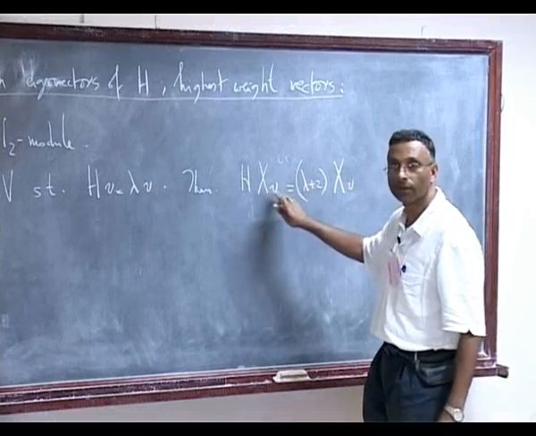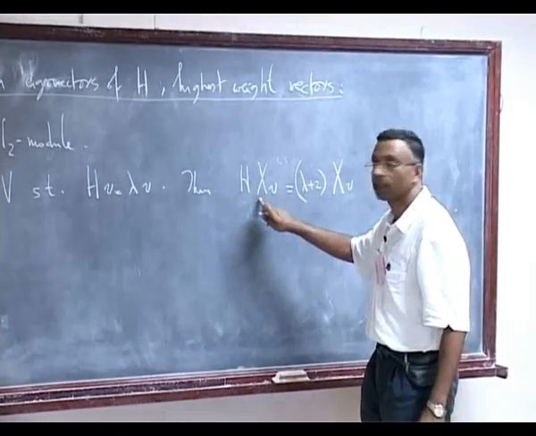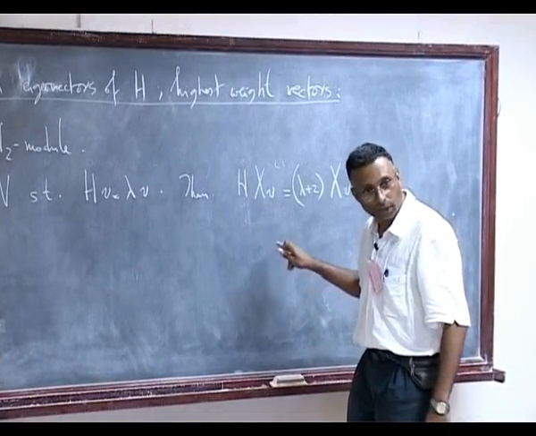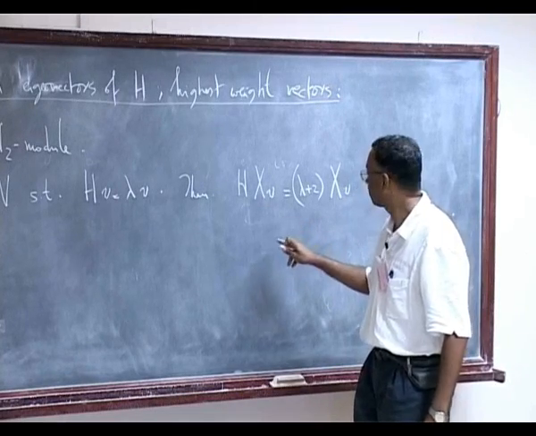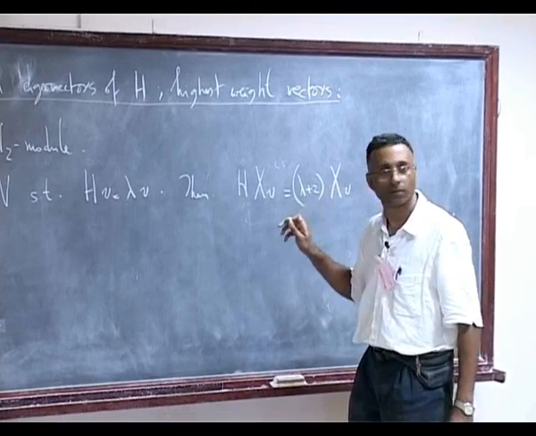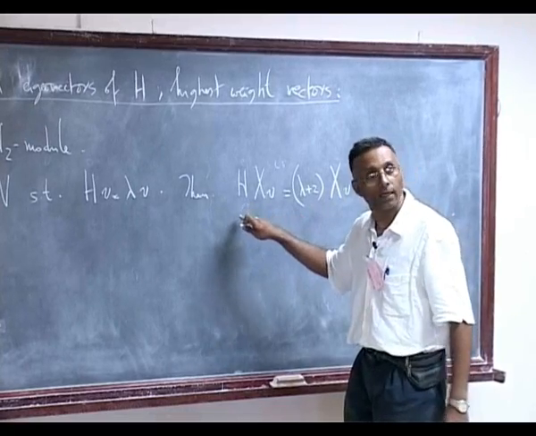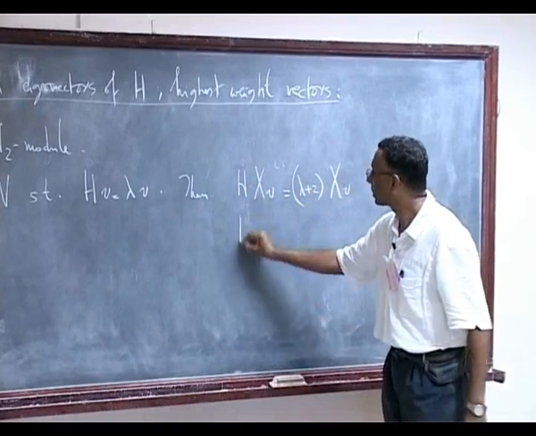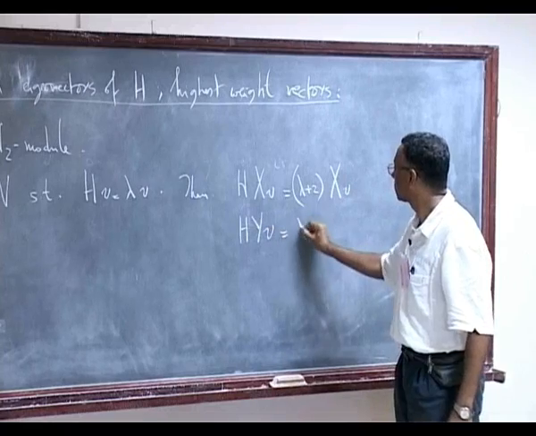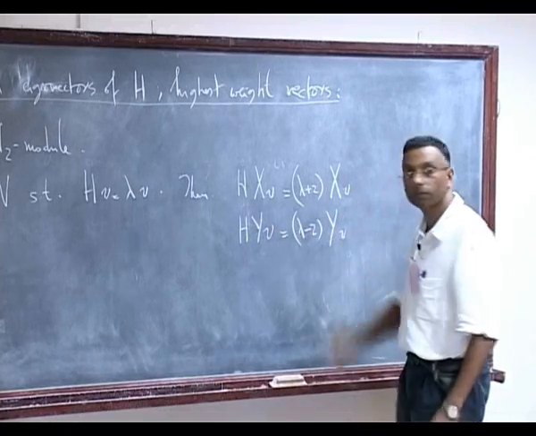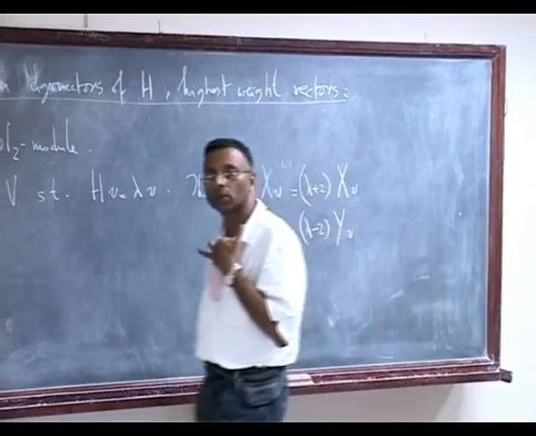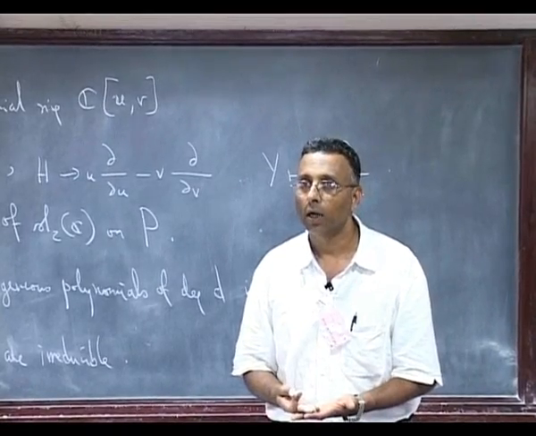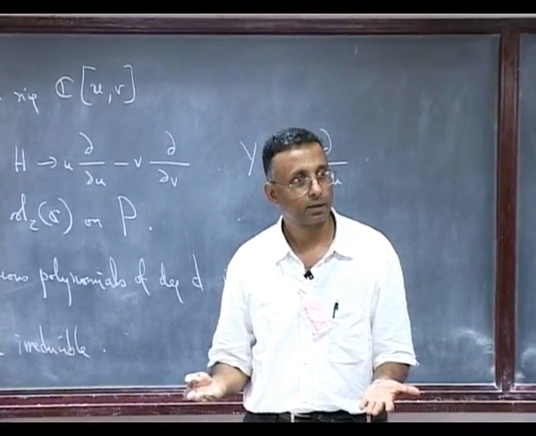You write Hx as the commutator [H,X] plus XH. But [H,X] is 2X, so use that and you will see this immediately. Similarly with the others. So what does this tell us? If I take the space of all eigenvectors for H, that's an invariant submodule.